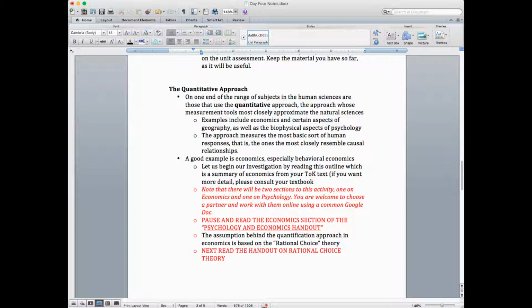One of you does everything described here for economics, and one of you does whatever is required on the sheet for psychology, and just make a common sheet that you can share with one another. All right, so first of all, we're going to start with the economics part. So please pause and read the economics, the first section of the handout on Google Classroom, Psychology and Economics handout.